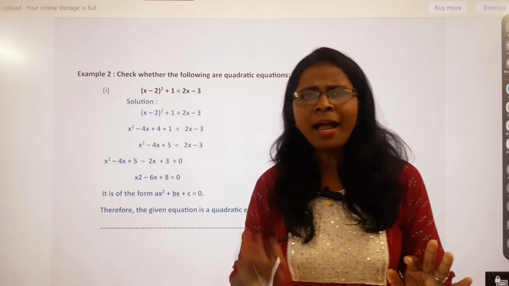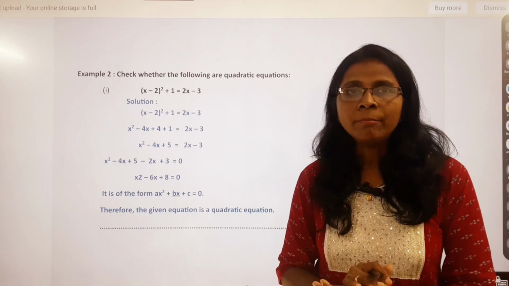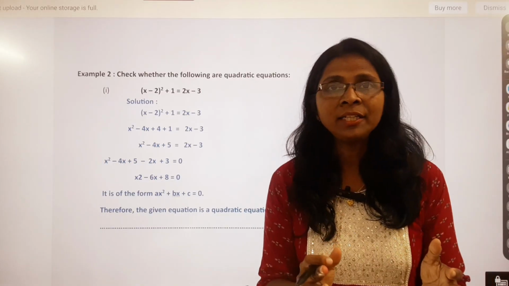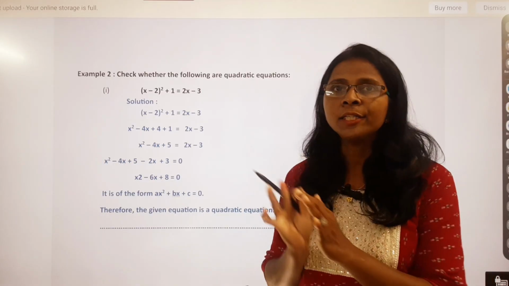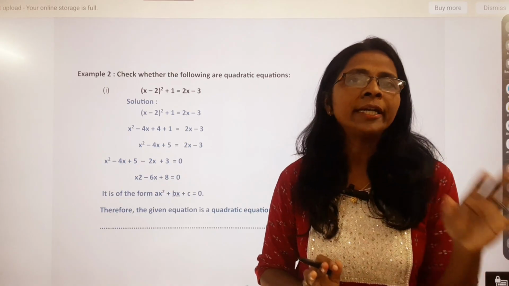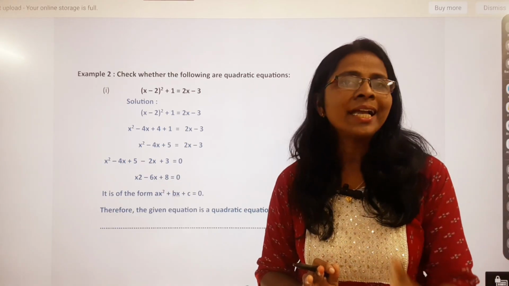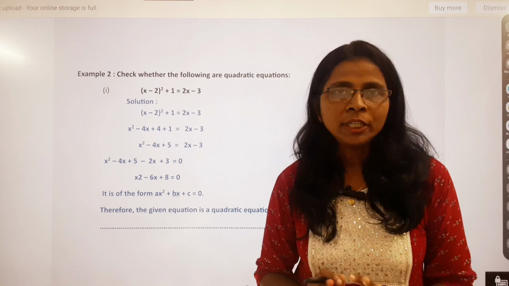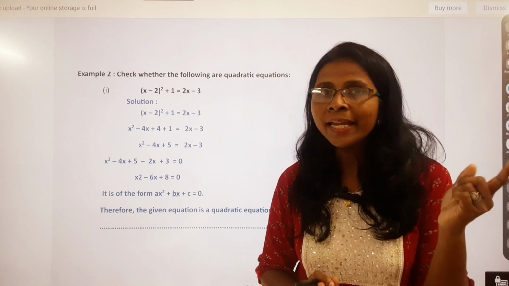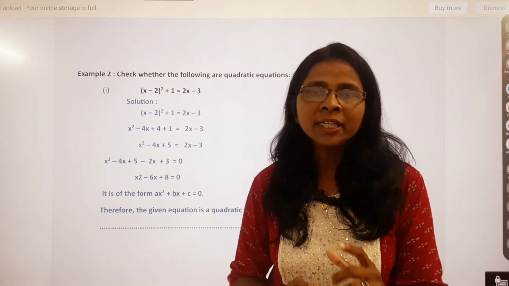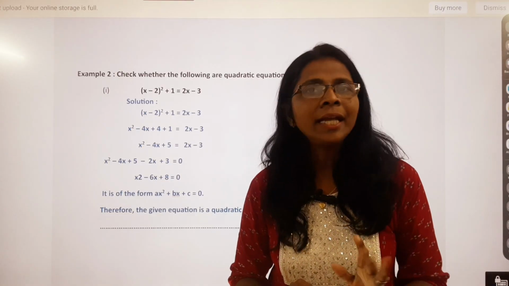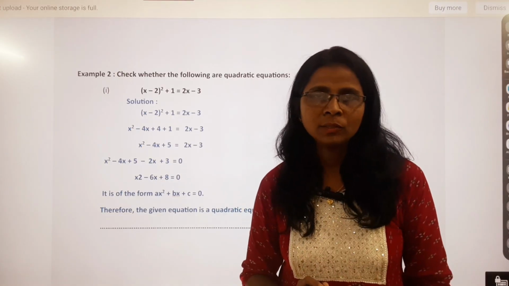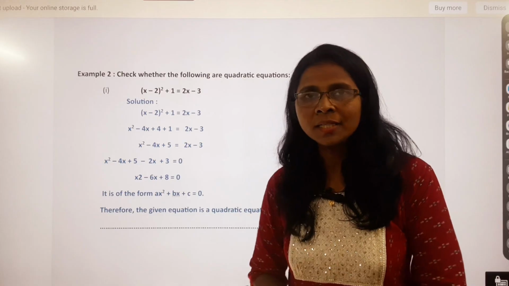If by simplifying the given equation you finally get the form of the quadratic equation, then we can say it is a quadratic equation. If you don't get the standard form of a quadratic equation, then it is not a quadratic equation. So let us solve this example.